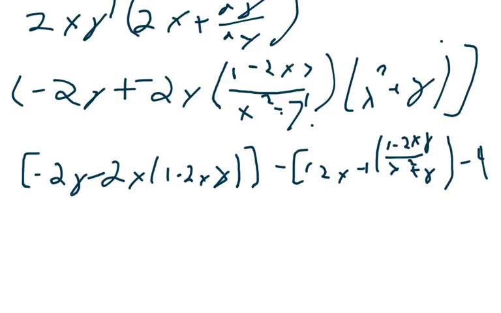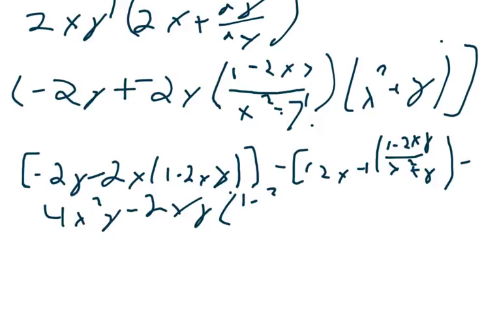I'm going to write it over here to avoid confusion. And this is also substituting in 1 minus 2xy over x squared plus y. So this is again the top part of the portion over x squared plus y squared.